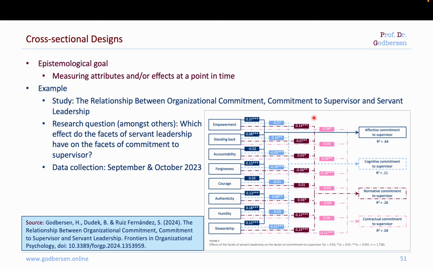The analysis was done by partial least squares path modeling, so structural equation analysis or modeling. And you can see that empowerment has a highly significant effect on affective commitment to supervisor, or that accountability has no significant effect on affective commitment to supervisor. Just have a picture of what is going on at one point in time.